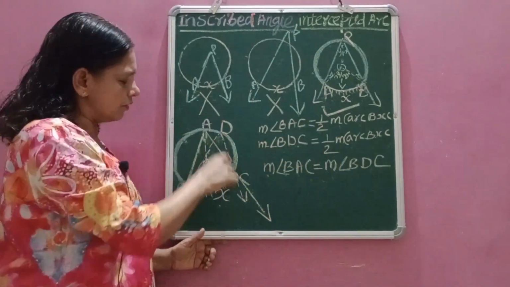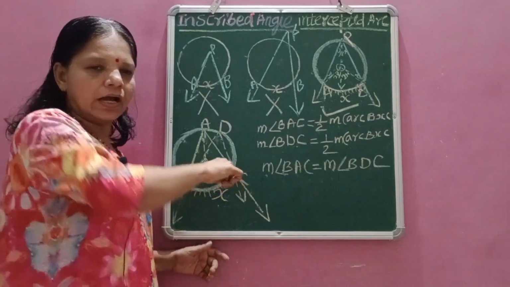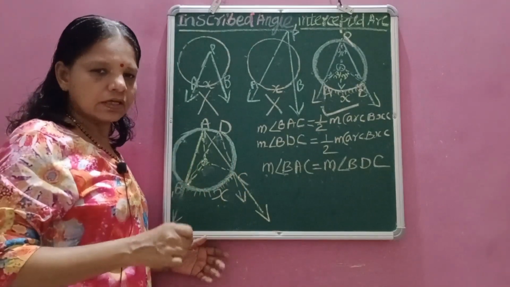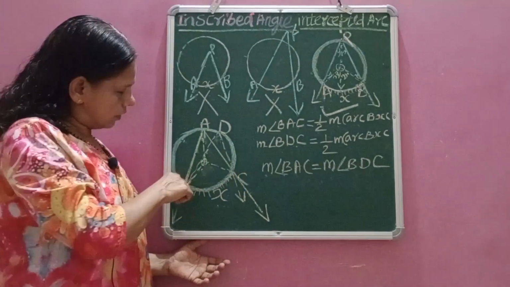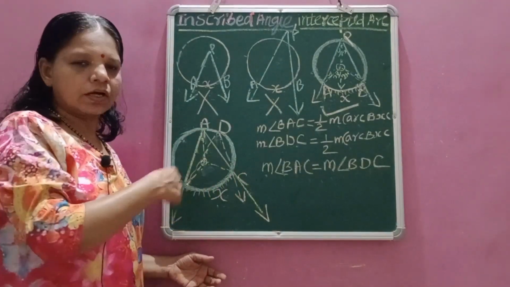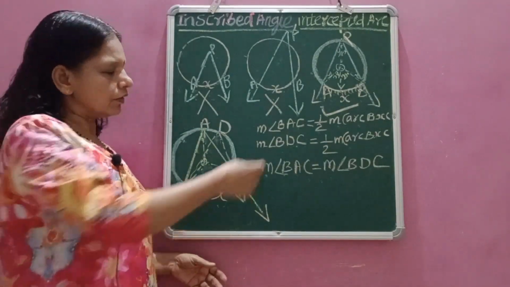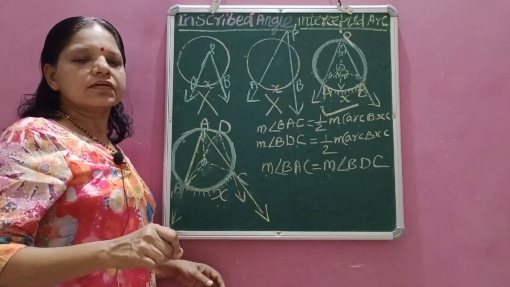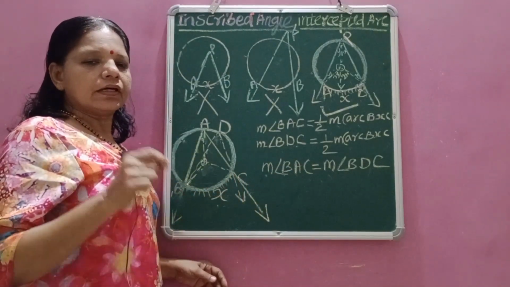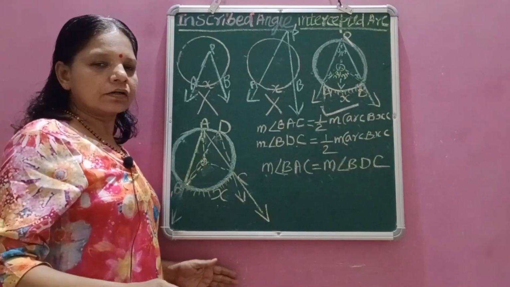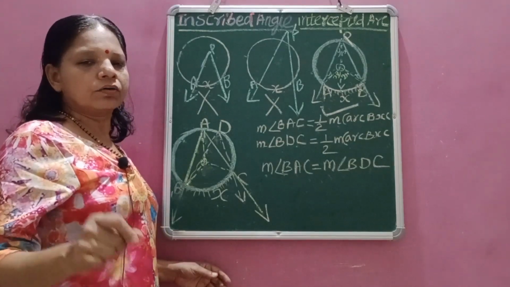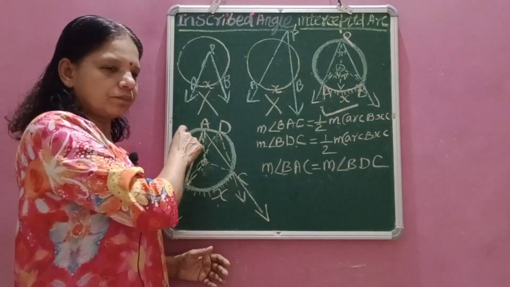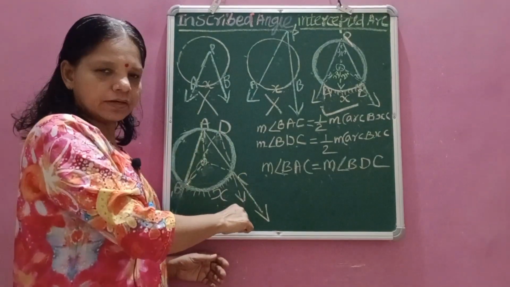So what are BAC and BDC? Inscribed angles. In which? In the same arc. Which arc? Arc BAC or arc BDC. Same arc. So what is the property? Angles inscribed in the same arc are congruent. If you take one more point and join, you will get another inscribed angle.